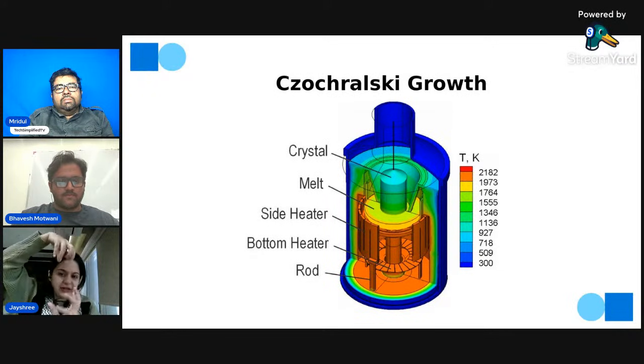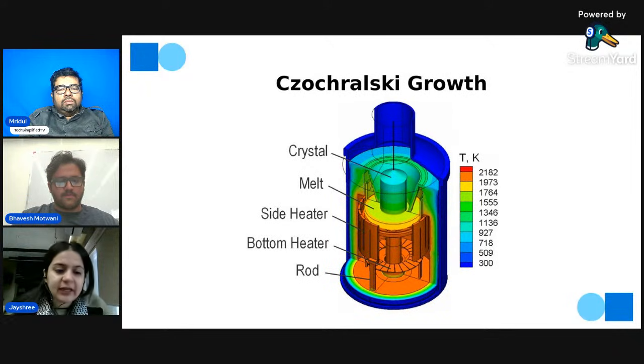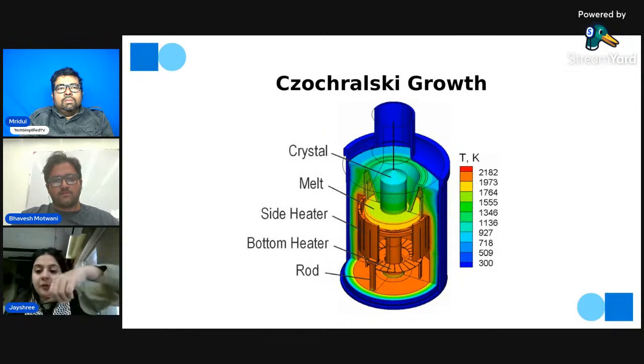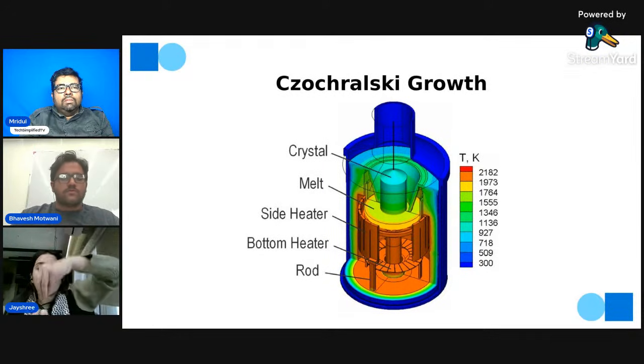There will be two rotation mechanisms, from the upside and the downside, like some kind of slow rotating machine. Then the heating element. There would be certain heaters which heat the crucible so that the silicon melts, and then it goes in the upward direction.